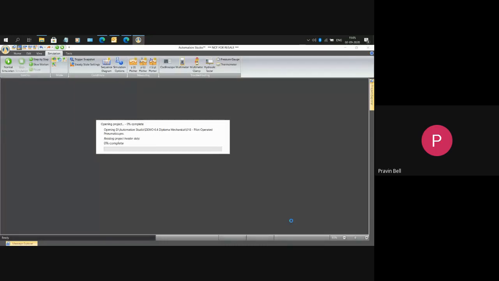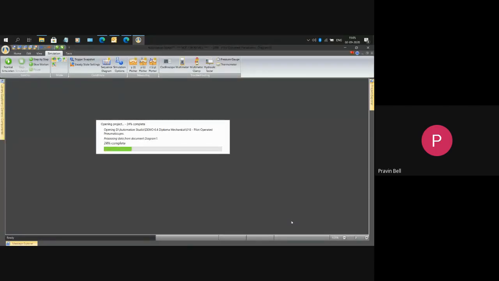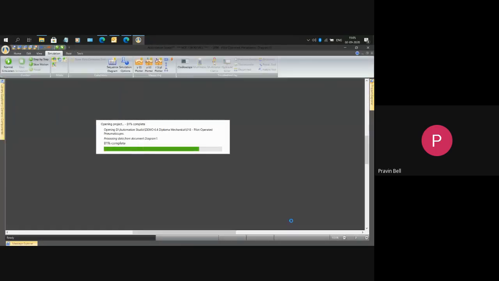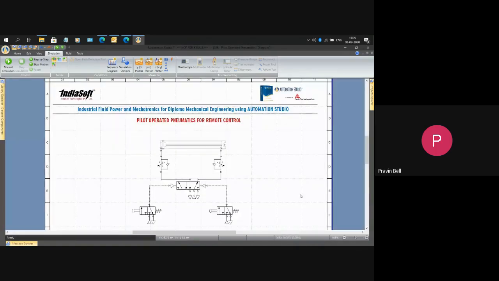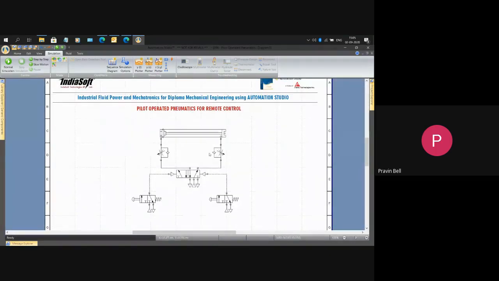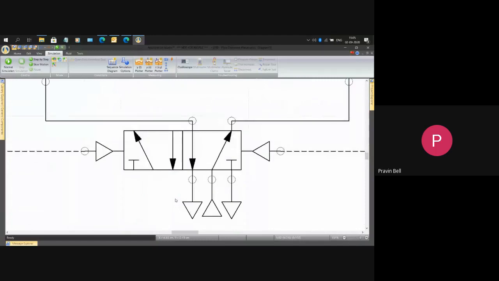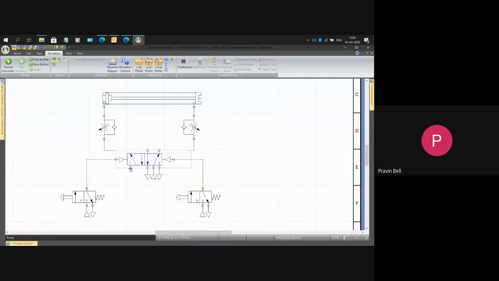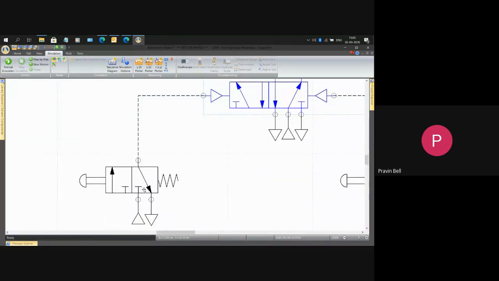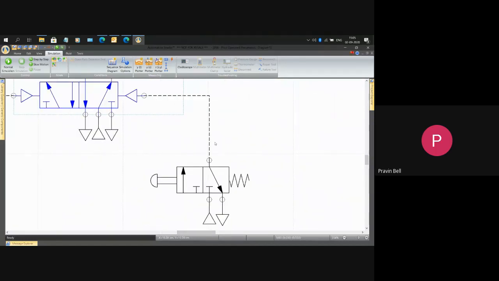Then there was a practical for pilot operated pneumatics. In pilot operated pneumatics, you see this particular valve, it has got pilot line on both sides. And on both sides, we put a source here. So from the left hand side, you can send a pilot line here. On the right hand side, there's another line connected here.